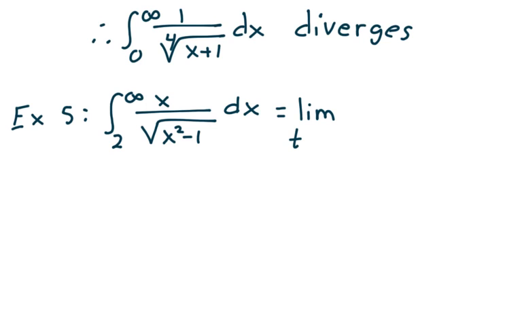This is the limit as t goes to infinity of the integral from 2 to t of x over the square root of x squared minus 1 dx.